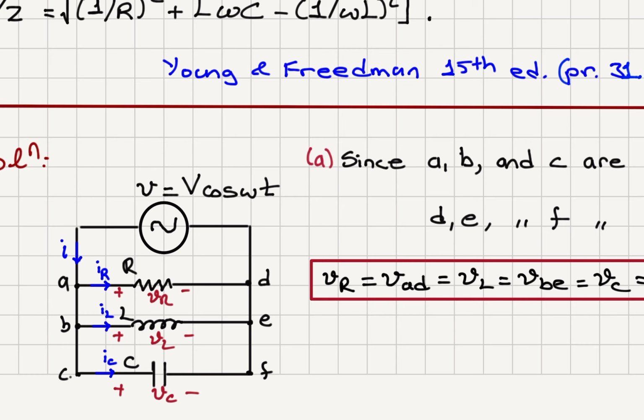Now, looking at the current that flows through the source, I, we can see that at this junction, this current spreads into two. So there is I sub R, the current flowing through the resistor. And here it spreads into two again.